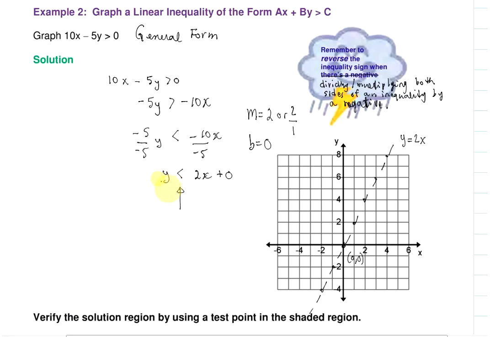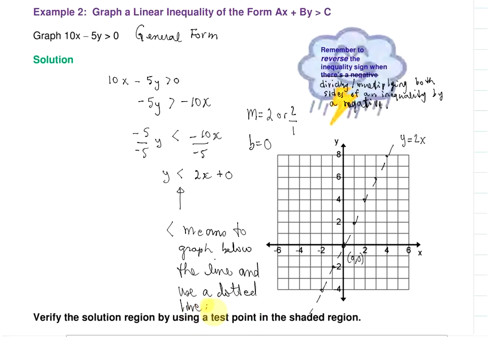Now we want to discuss what our less than sign means. Okay, so notice our y is on the left-hand side of our inequality, so our less than sign means to graph below the line, and use a dotted line.